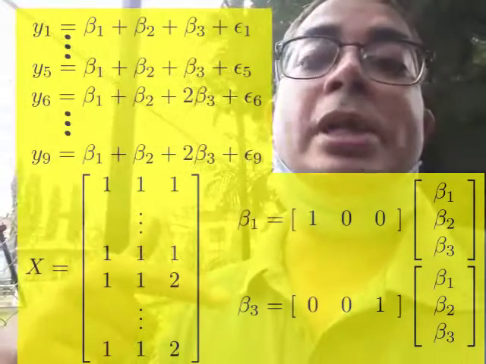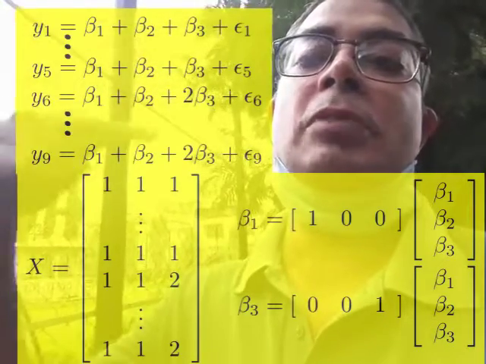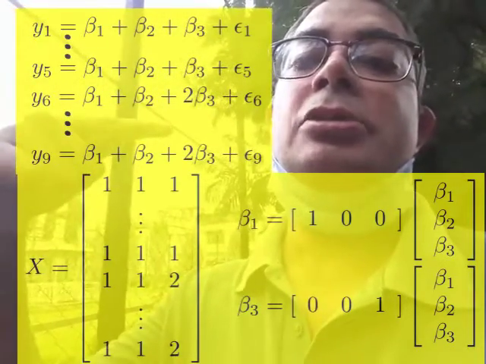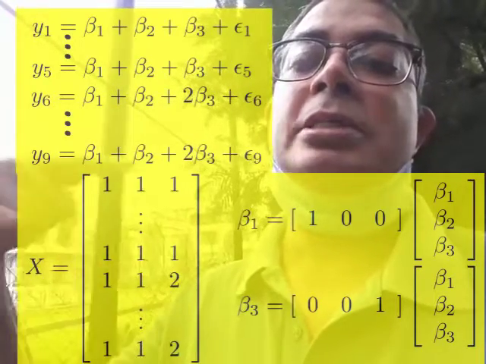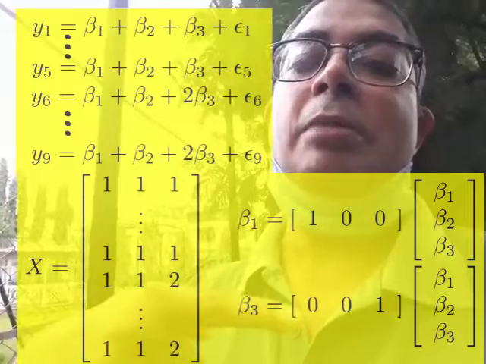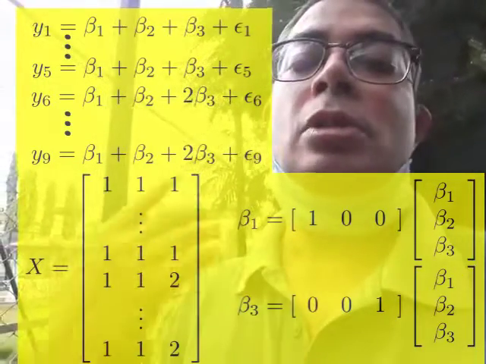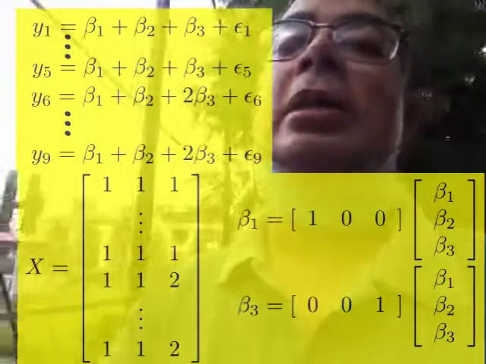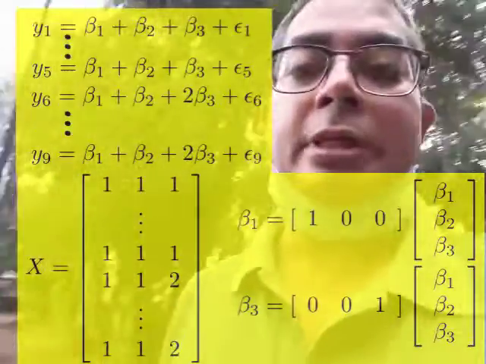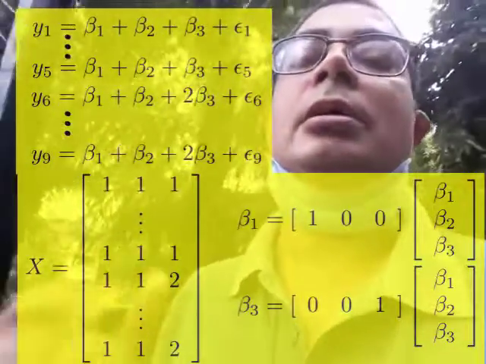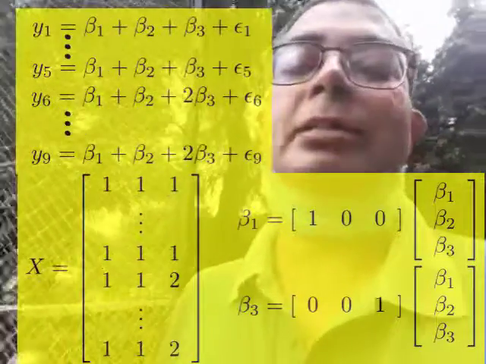For example, for beta 3 I could do that: I take the sixth equation and subtract the top equation, and I get beta 3, which basically means I take this row of X, subtract that row, and end up with 0, 0, 1. In the case of beta 1, I cannot do that. So it should not come as a great surprise that the condition of identifiability in this case reduces to checking whether this vector belongs to the row space of X.